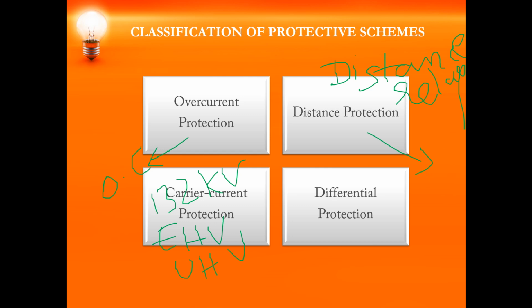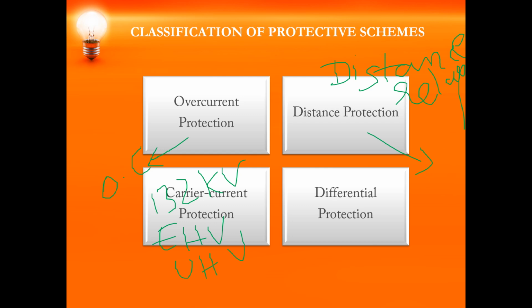That phase angle value decides whether the fault is an internal or external fault. If it is an external fault, the relay will not trip. If it is an internal fault, the relay will trip.